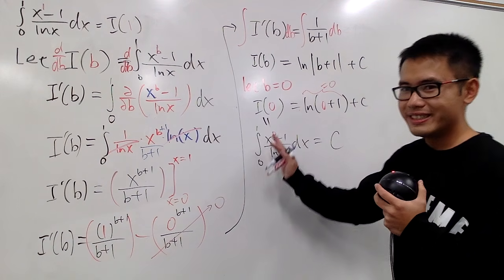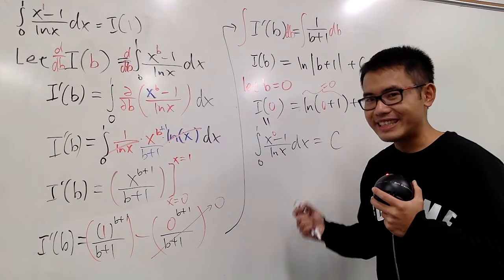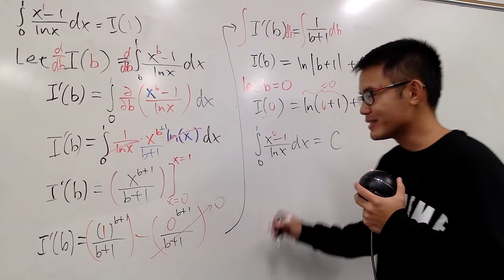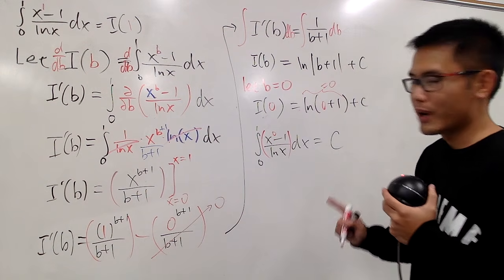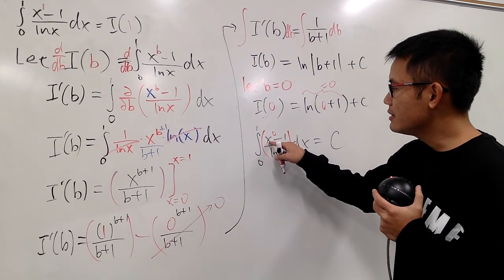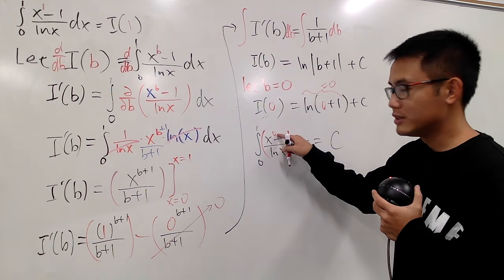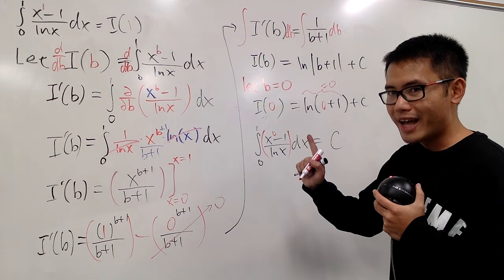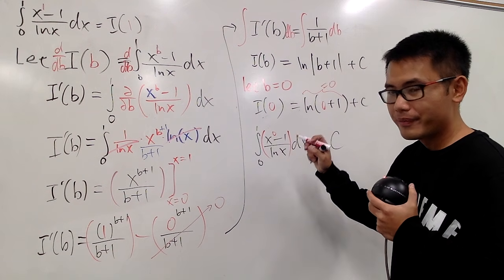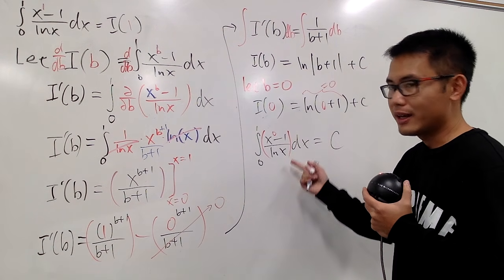Now, what's this? We have to do this inside out. Let me just erase this a little bit. We focus on this inside out because the integrand here, when you have a solid 0 for the b value, is just x to the 0's power, which is 1. 1 minus 1, which is 0, over ln x.